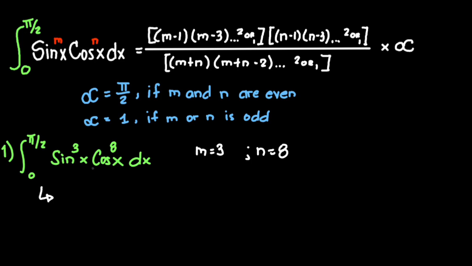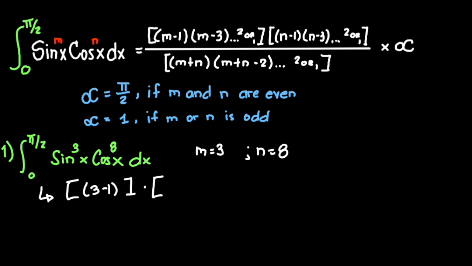Now, based on this, it would be m minus 1. It would be 3 minus 1 up until it reaches 2 or 1. And so, 3 minus 1 would be 2. And so, it would be just the same because it reached 2.